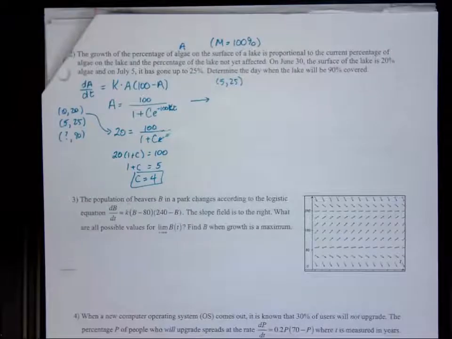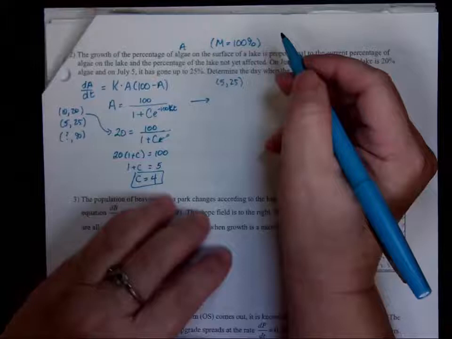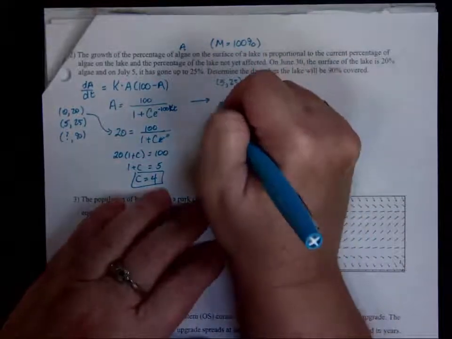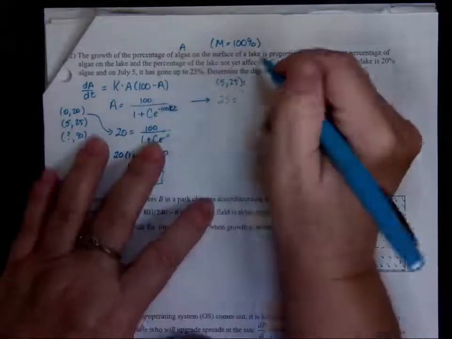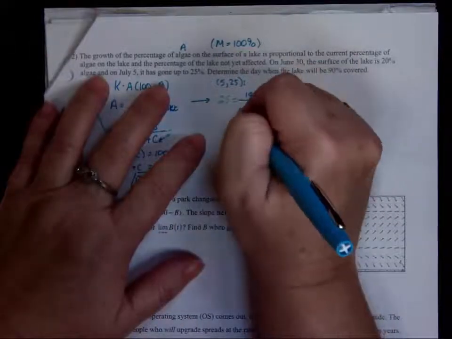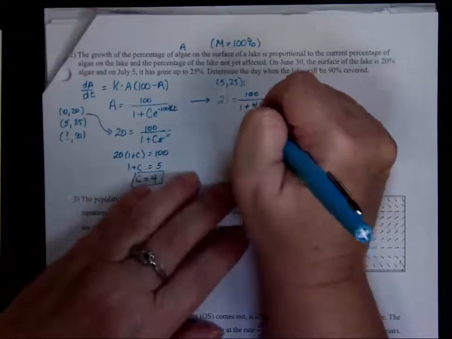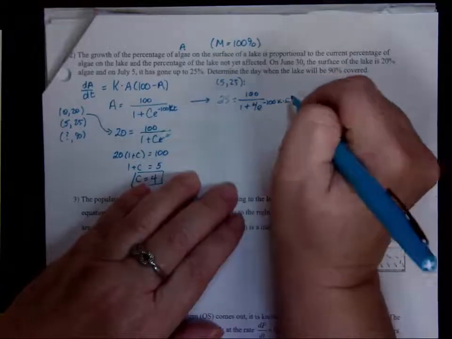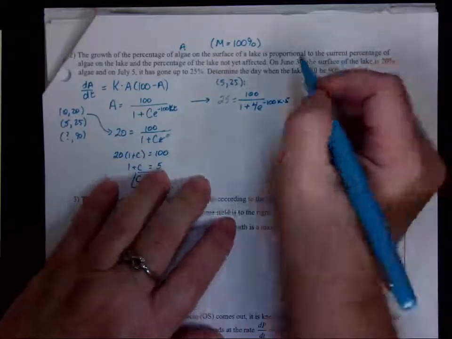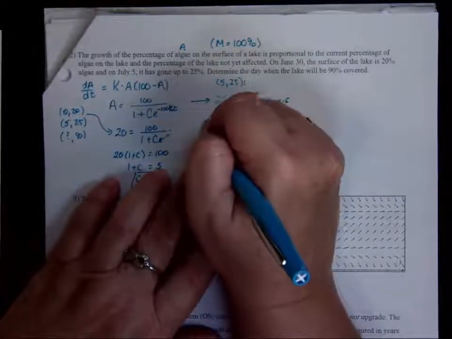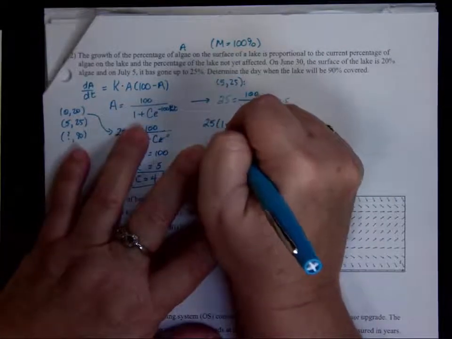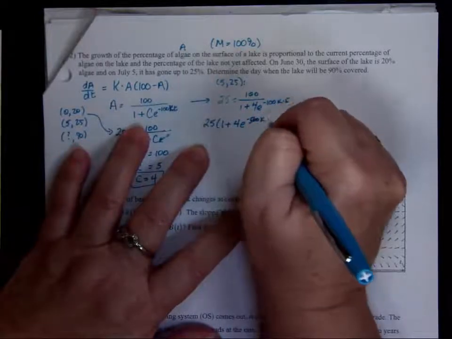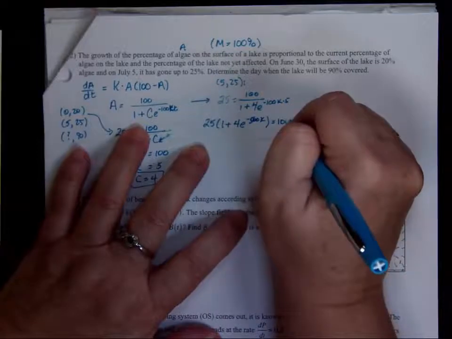Okay? Now we're going to look at how to find K. So we have the point 5 comma 25 that we're going to plug in. So we have 25 equals 100 over 1 plus, now C is 4, e to the negative 100k times 5. Once again, we multiply both sides by the denominator. We end up with 25 times 1 plus 4e to the negative 500k equals 100.